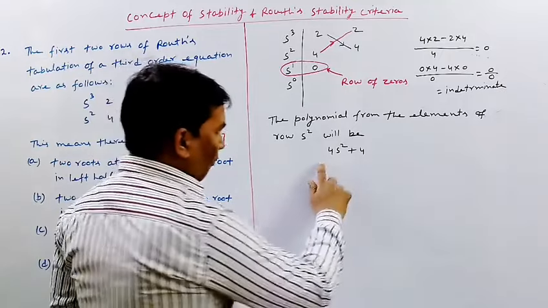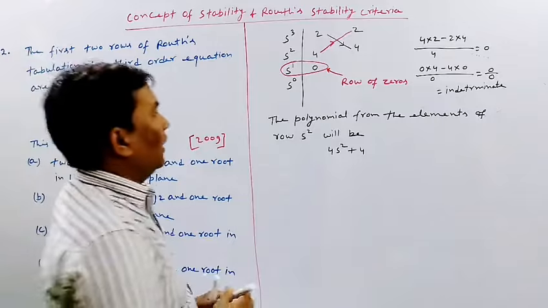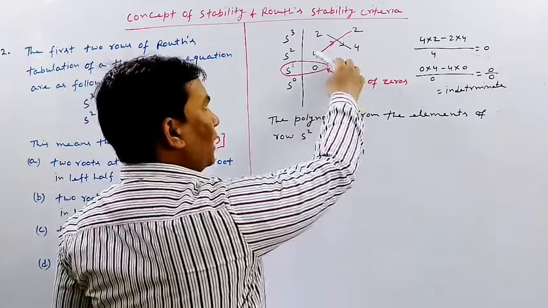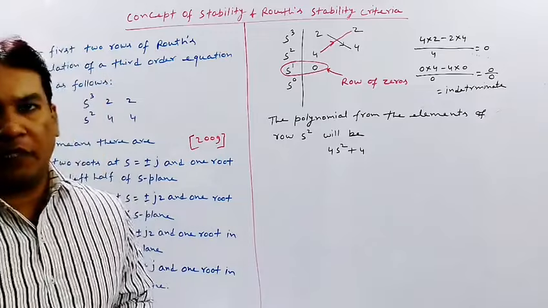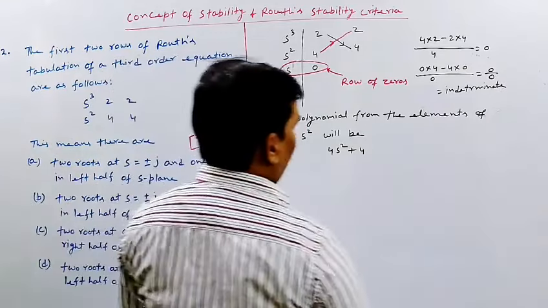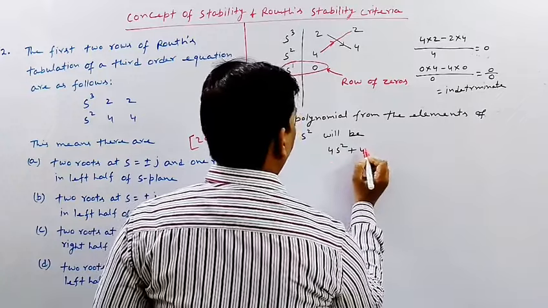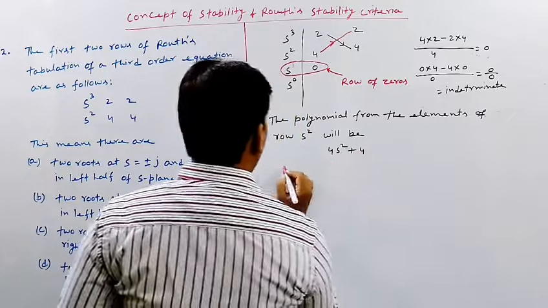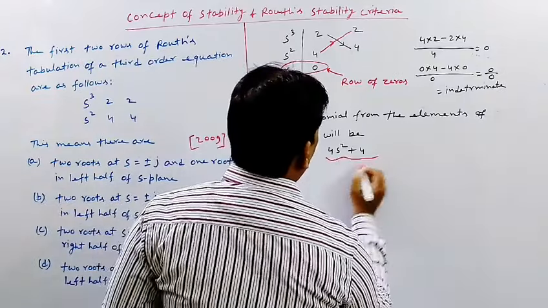So if we make the polynomial from just the row above the row of zeros, then this polynomial is called auxiliary polynomial.